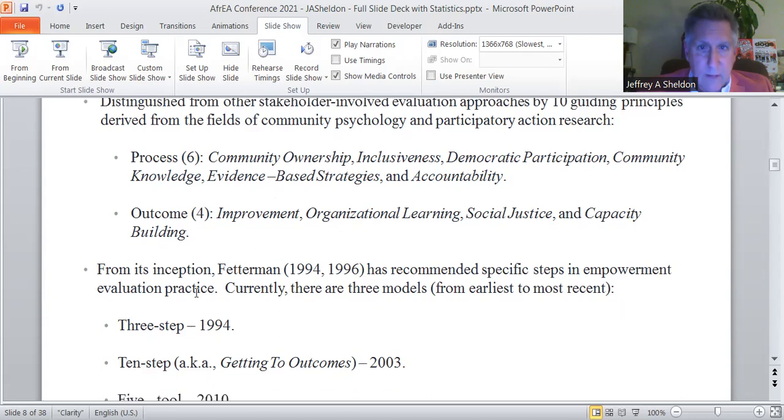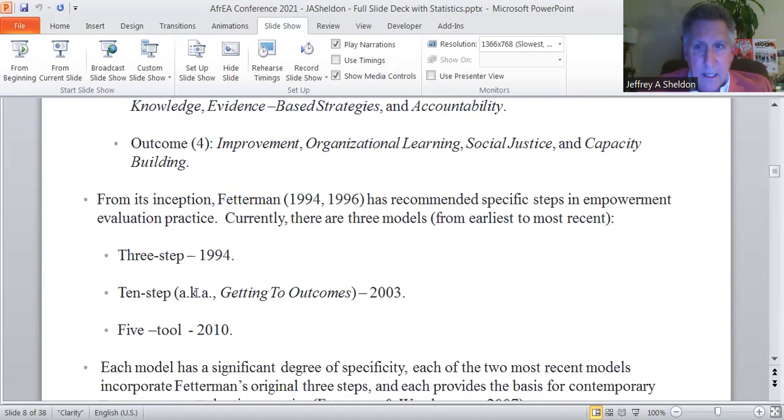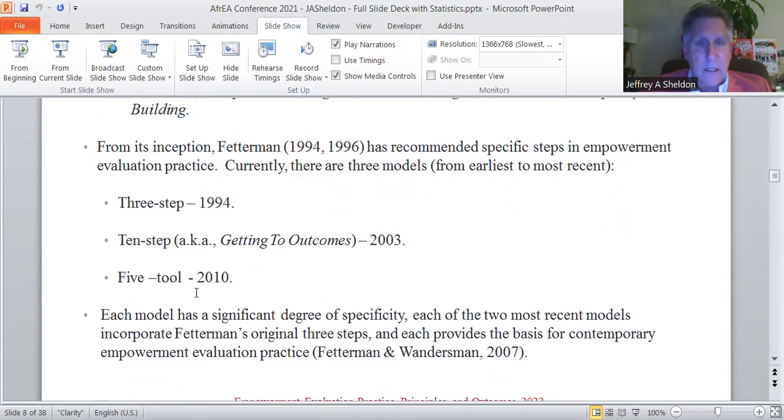So from the inception, in terms of the actual implementation of empowerment evaluation, there's been a process or models. There are very specific steps to follow.